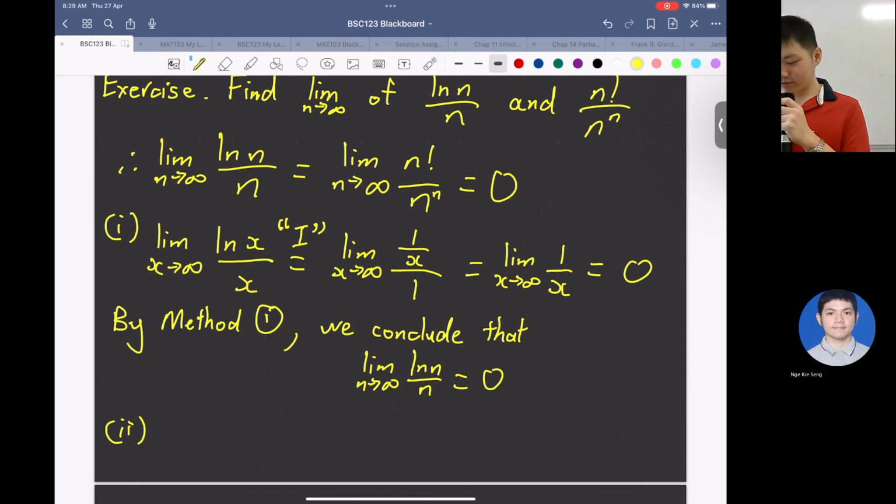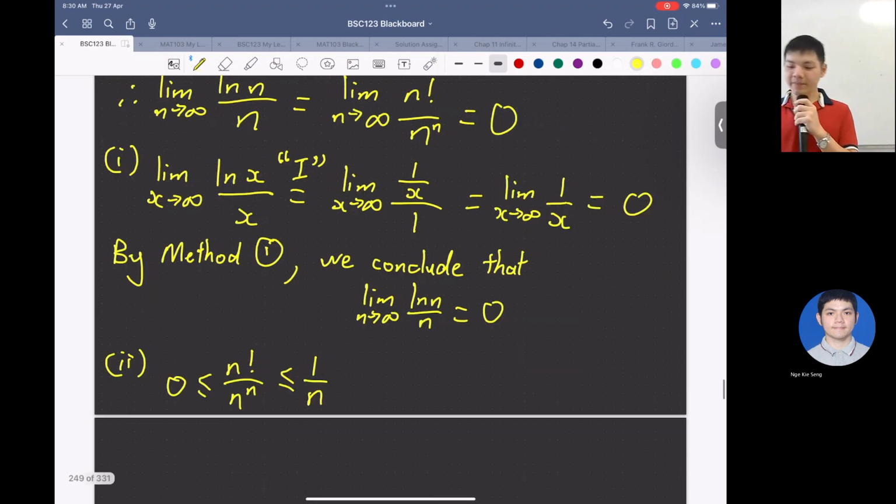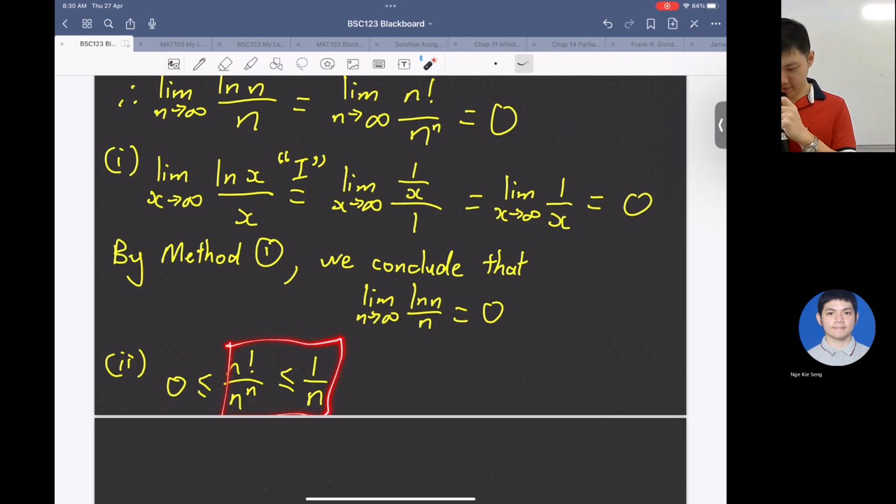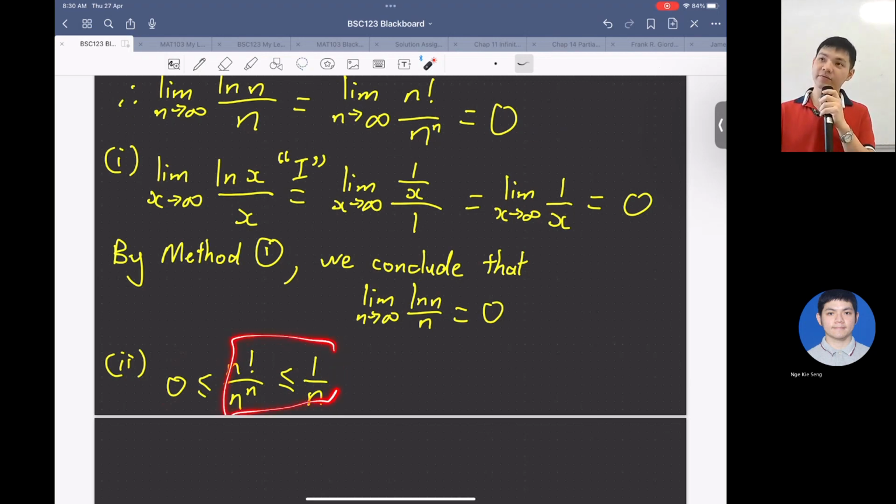You want to squeeze it. One side is 0. I think that side is easy, because a positive number divided by a positive number is always greater than or equal to 0. But why is the right hand side true?